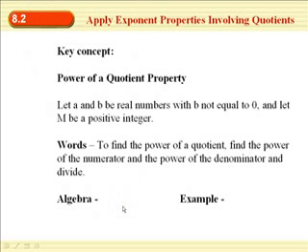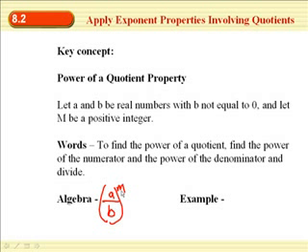All right, so our second key concept box here, notice there's a lot of key concepts, is the power of a quotient property. To find the power of a quotient, find the power of the numerator and the power of the denominator and divide. So this is a over b, all to the m.